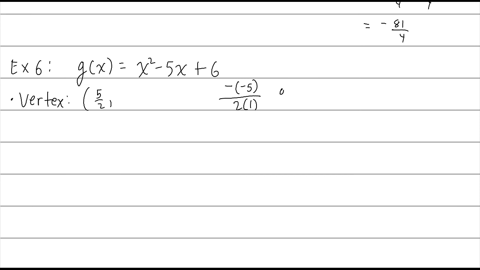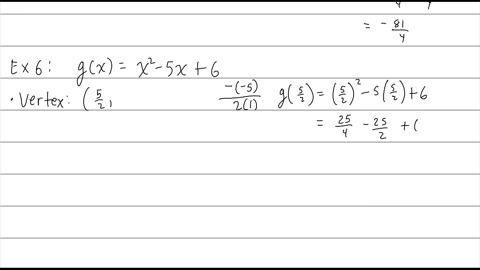Okay, so g of 5 over 2, trying to find the y value here. 5 over 2 squared minus 5 times 5 over 2 plus 6. 25 over 4 minus 25 over 2 plus 6.